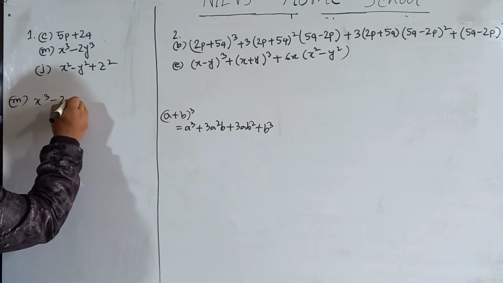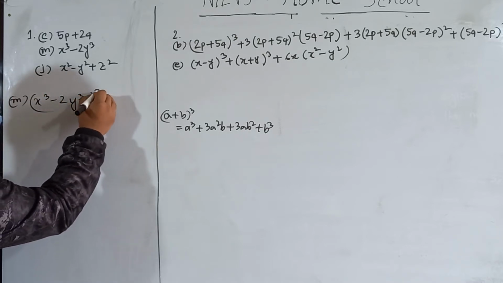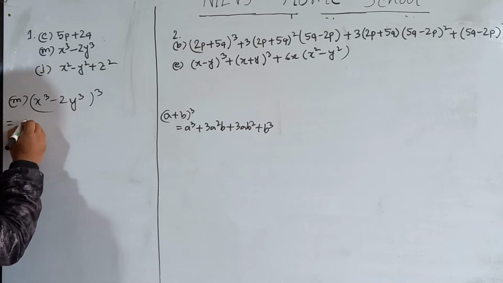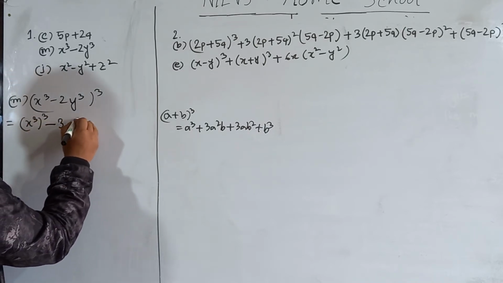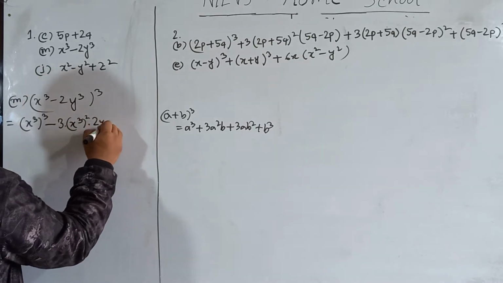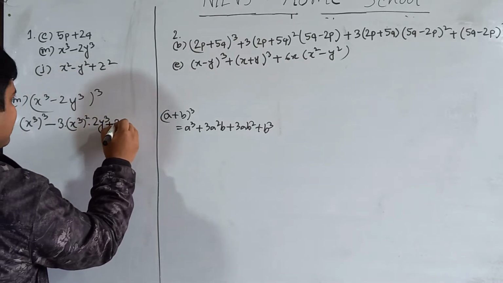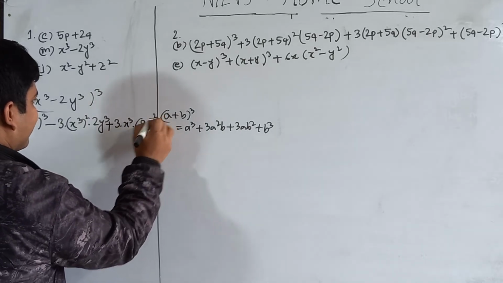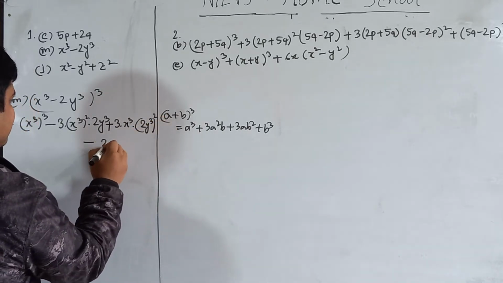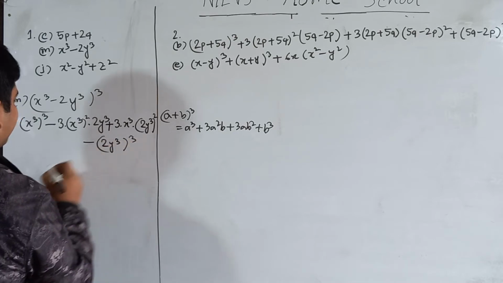x cube minus 2y cube whole cube. So from this we write x cube whole cube minus 3 into x cube square into 2y cube plus 3 into x cube into 2y cube whole square minus 2y cube.